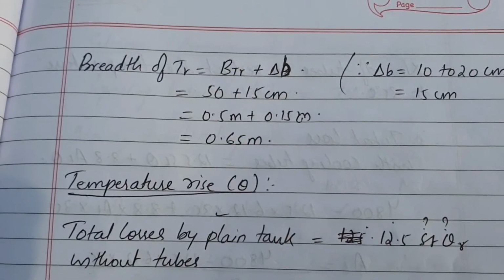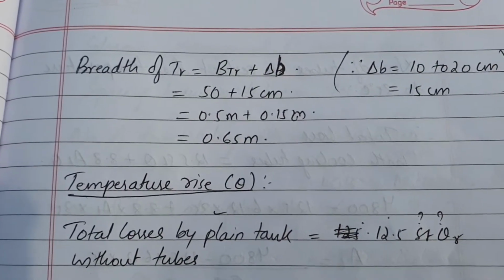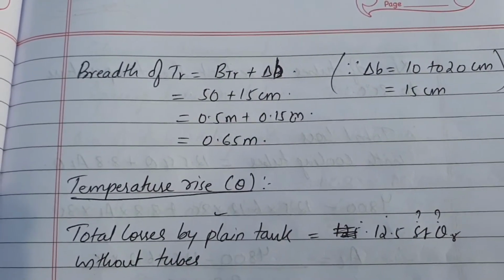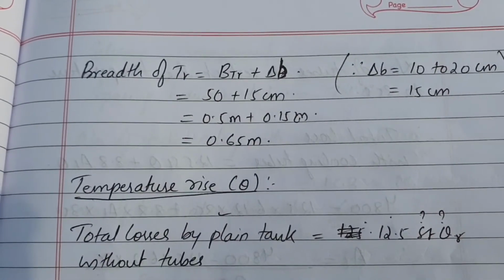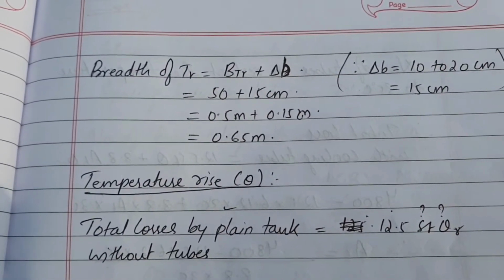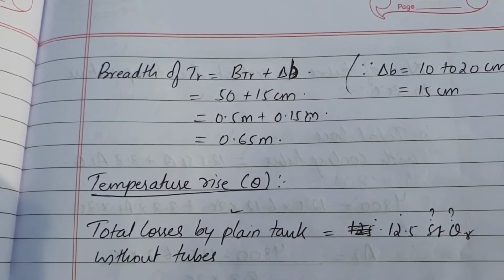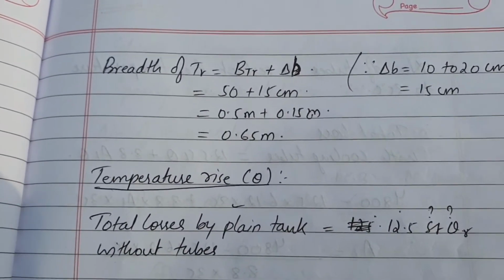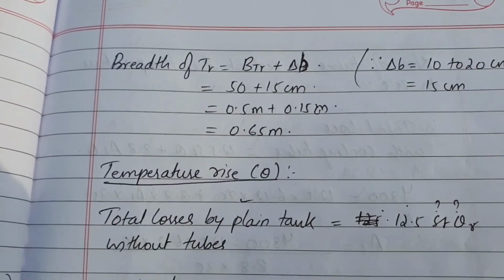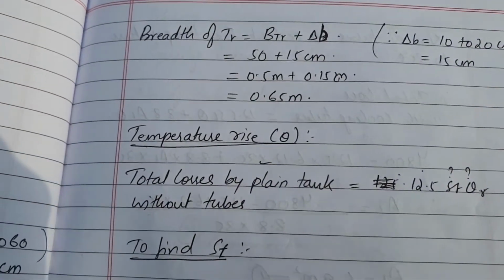BT is equal to BTR plus delta B. Again, delta B value ranges from 10 to 20 centimeter. So take the average as 15 centimeter. Therefore, total breadth of transformer tank is 0.65 meter. After calculating the tank dimensions, next step should be the temperature rise theta R.